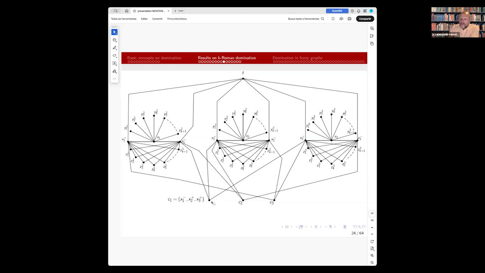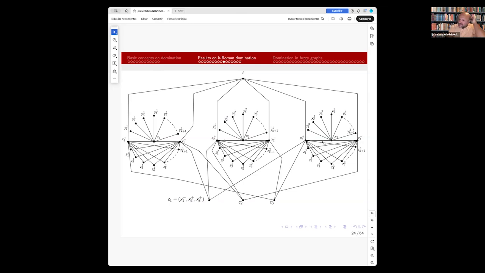And we also add one vertex for each clause of the instance, such that they are joined to the corresponding elements in the set of extra vertices. For example, in case of the clause C1, which is x1 minus, x2 plus, and x3 plus, this vertex will be joined with the corresponding extra vertices in the graph.